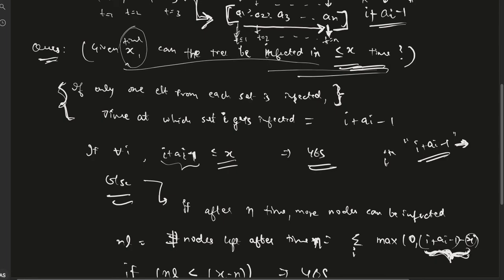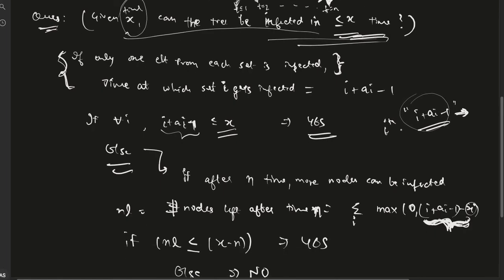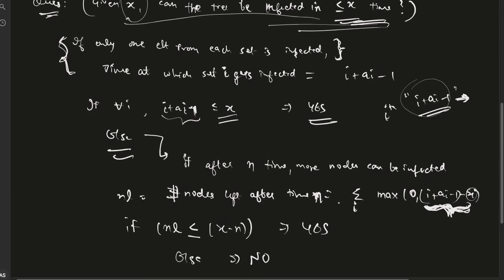If this is a positive quantity, these many nodes would be left from set i, and the total number of nodes left is the summation over all sets, all i.